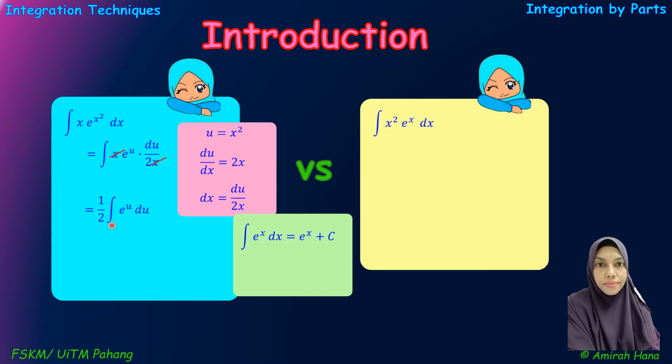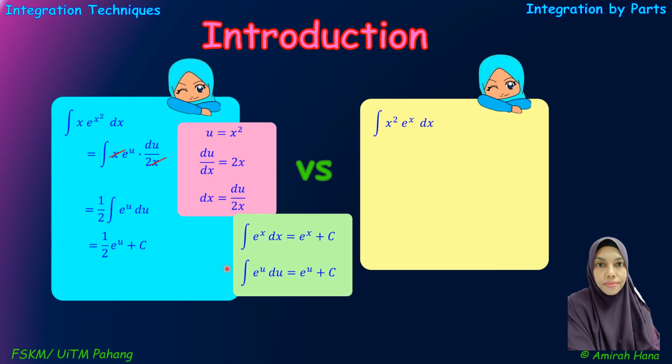From integration of e to the u du, we can refer to integration of e to the x dx, where the answer equals e to the power of x plus c. So if we integrate e to the power of u du, the answer equals e to the power of u plus c. We still have the half in front, and no more integration symbol.